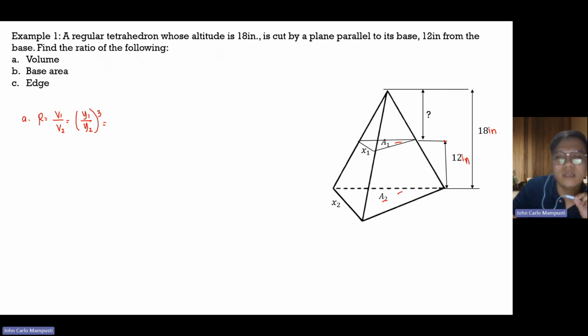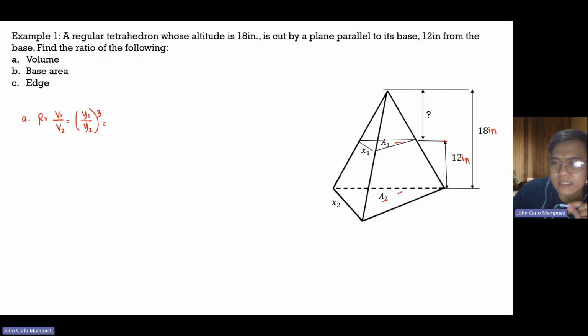As you can see, inat siya from base up to this point. This is 12 inches. Total height ng ating tetrahedron is 18 inches. So this 12 inches, hindi to yung magiging y sub 1 natin.